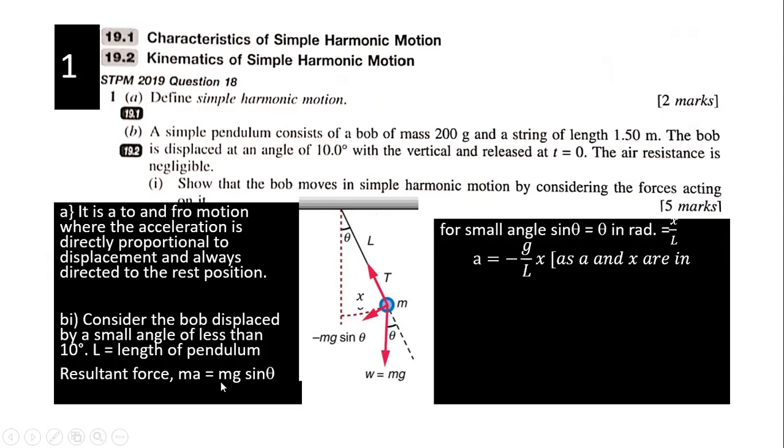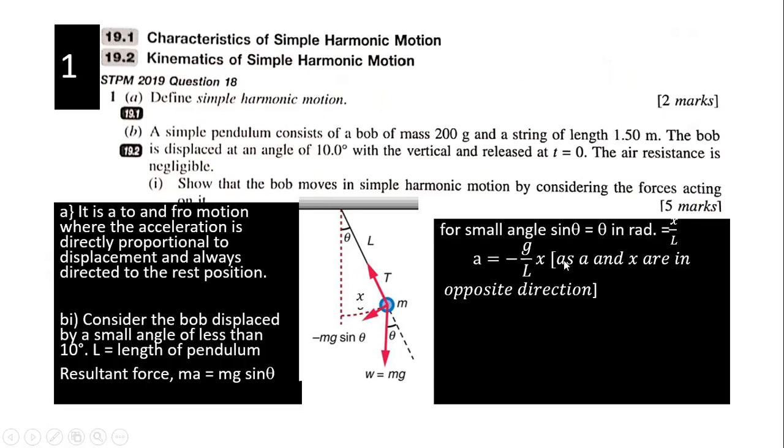Then your acceleration, replace that. M and m cancel off. a equals, as I said, you have to put your negative sign there, sine theta equals theta equals x over L times your g. That's your g there.